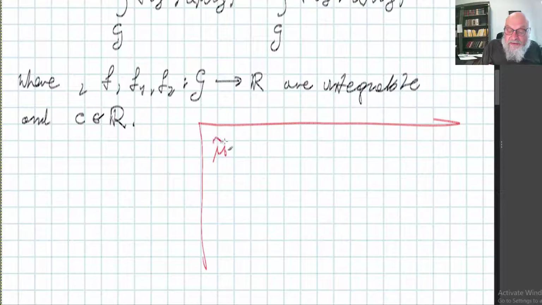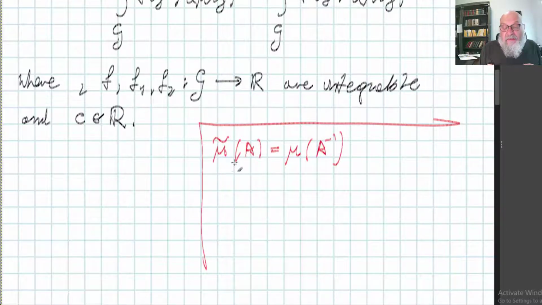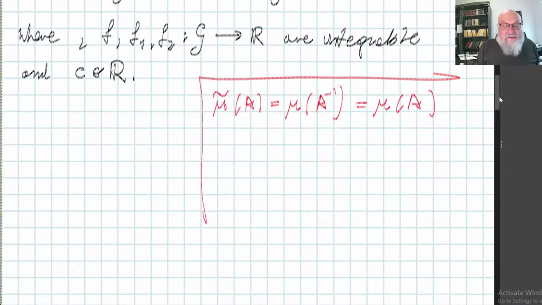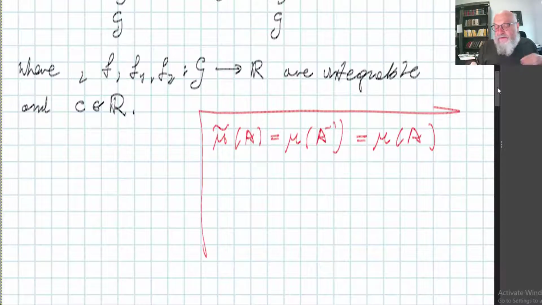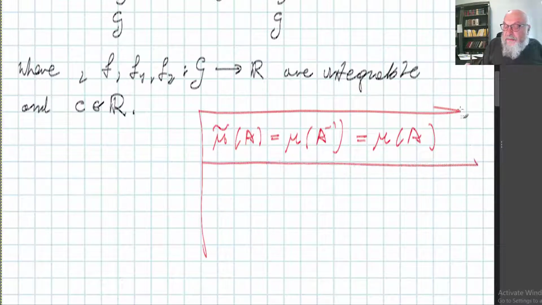So if I define a new measure m tilde of A as m of A^-1, one can easily notice that m tilde already satisfies the same properties: it is invariant and normalized. That implies clearly that it must be equal to m of A. Since we have uniqueness, there is only one such measure.